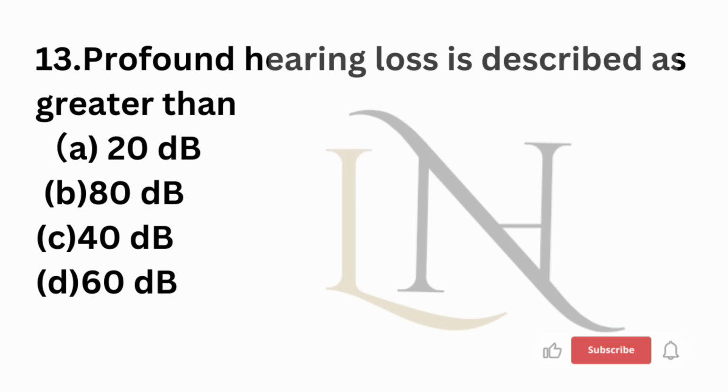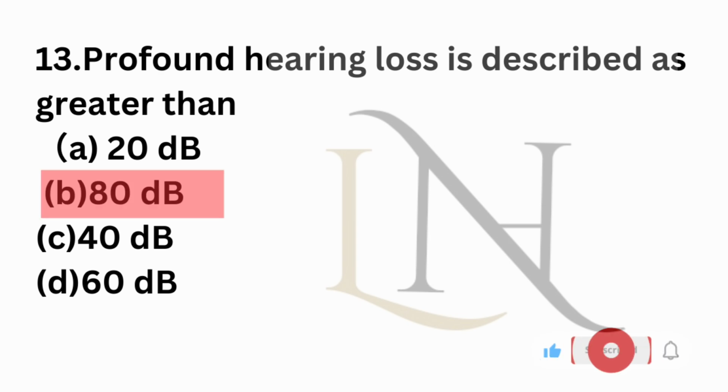Profound hearing loss is described as greater than: option A, 20 decibels; option B, 80 decibels; option C, 40 decibels; option D, 60 decibels. Correct answer: option B, 80 decibels.